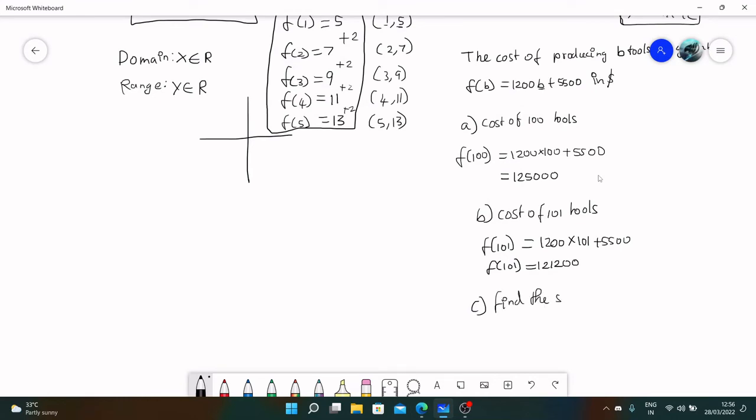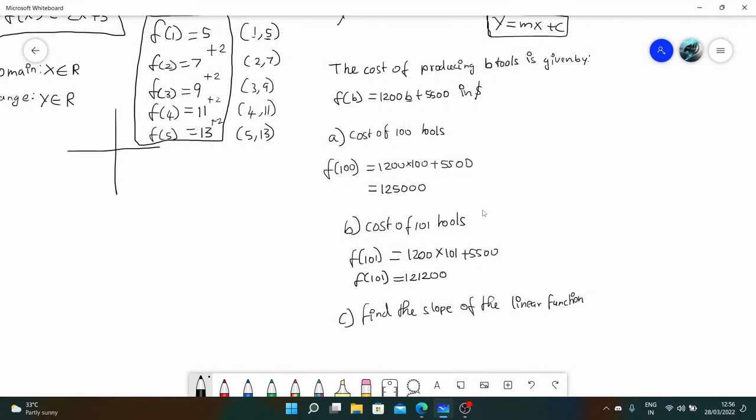Find the slope of the linear function. To do this, first, we need to imagine it on a plane as a graph. So, this is our x value. Our input is always the x value. So, you have the number of tools over here. And the output is the cost. So, we'll have the cost in dollars over here.